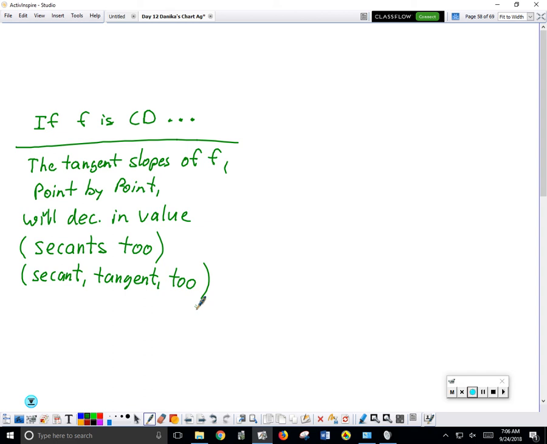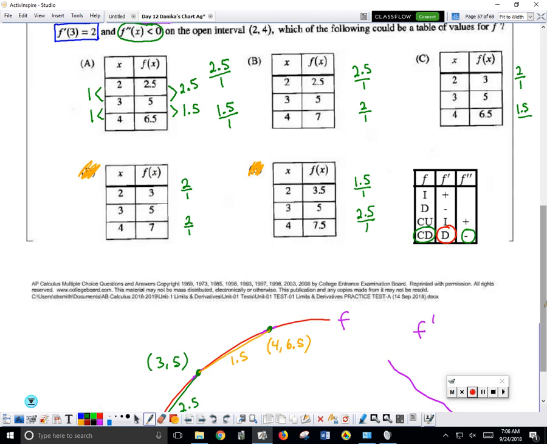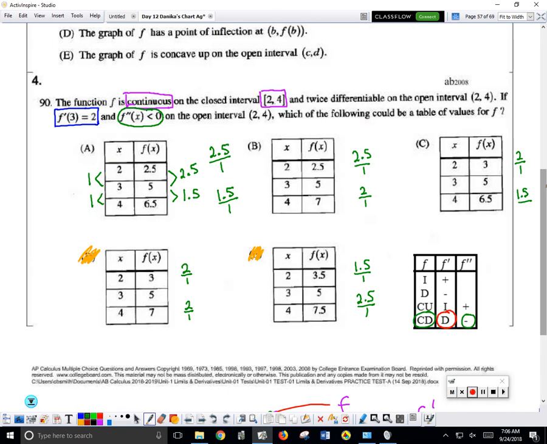The idea is that if you alternate, I go secant slope of 2.5, and right at 3 I have a tangent slope that is precisely equal to 2.